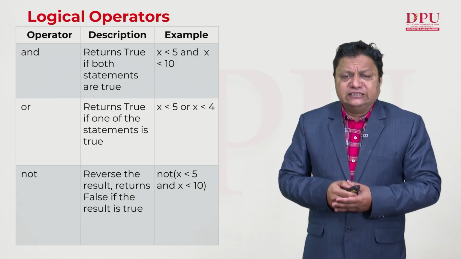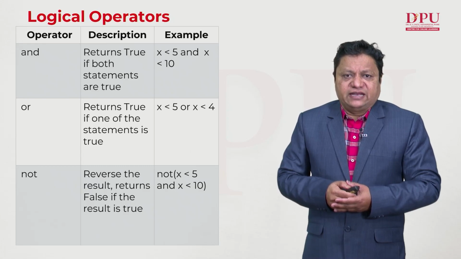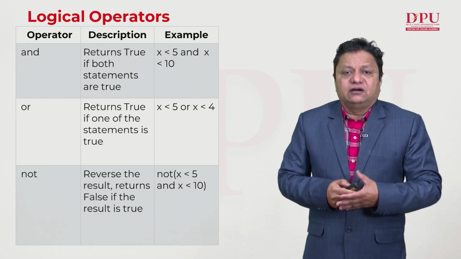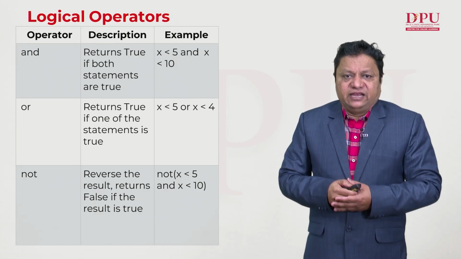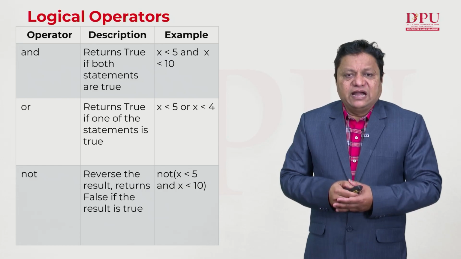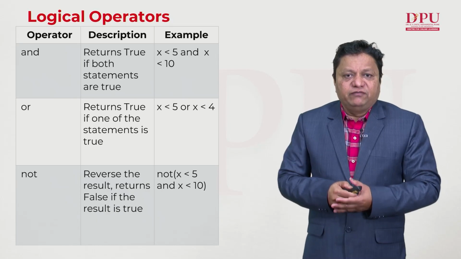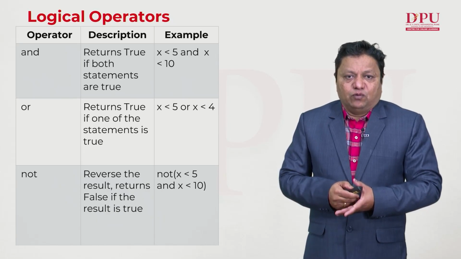Say, for example, consider the value of x is 5 or the value of x is 10. In that case this statement will return false, because I am checking whether x is less than 5 or less than 4.